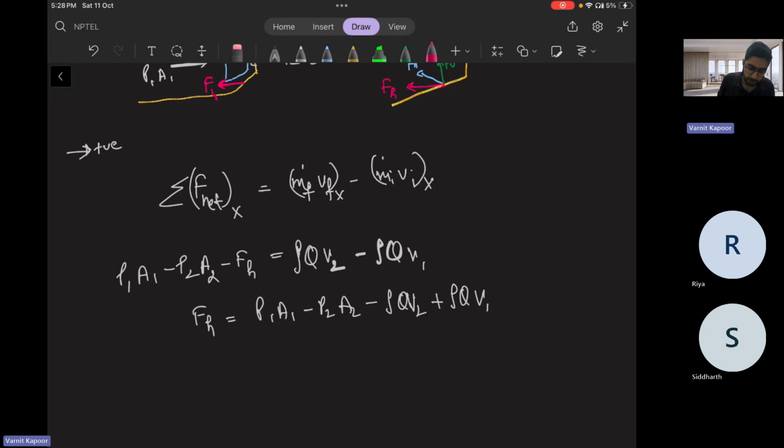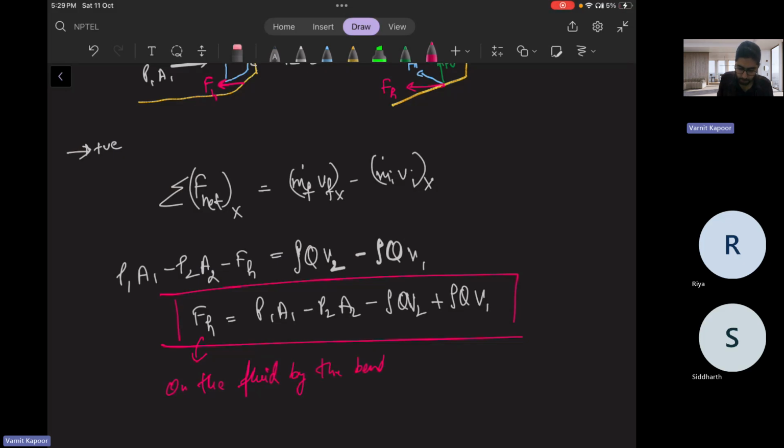You can assume any direction initially, and in the end, if it comes out negative, you change the direction of the force on the fluid by the bend. Remember, this is always applicable with gauge pressure, because in absolute pressure the atmospheric pressure will cancel out.